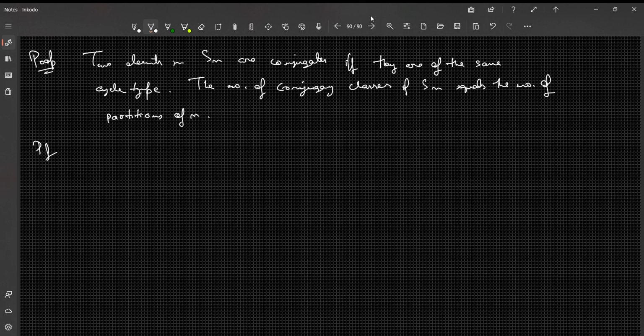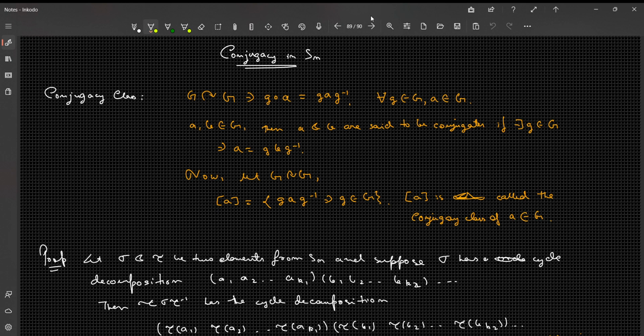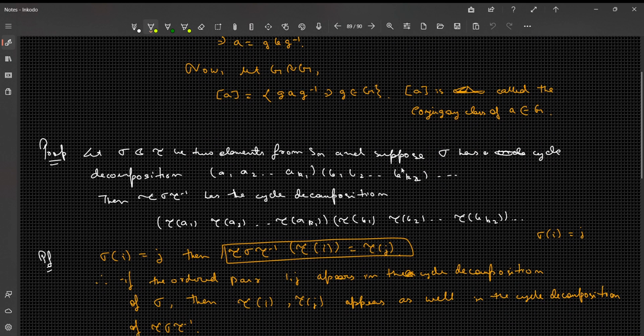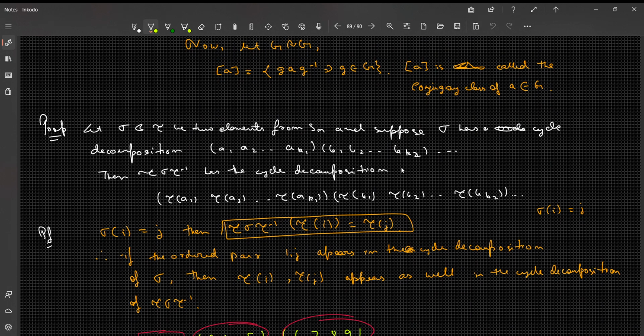Now obviously we have simply proved the necessary condition of the first statement, right? That if two elements are conjugate, then they have the same cycle type. That is what we proved at the starting of this lecture: if you have a permutation sigma from Sn which has a given cycle type, then tau sigma tau inverse has the same cycle type.